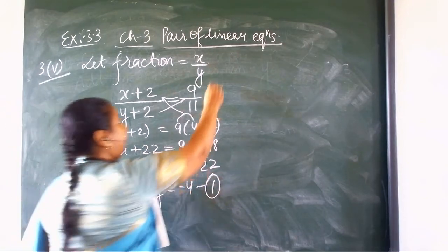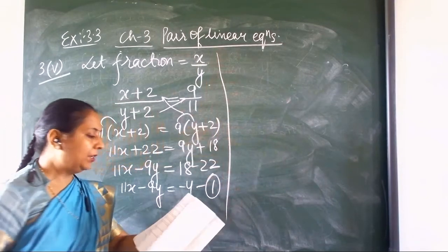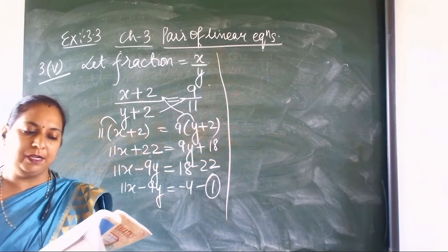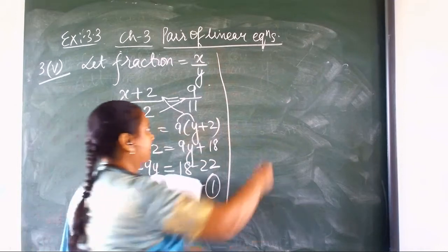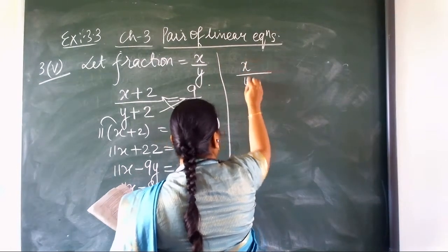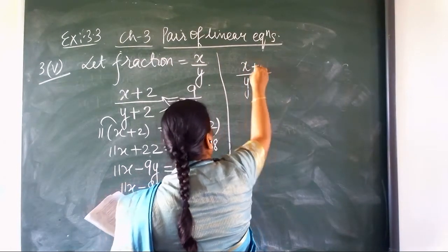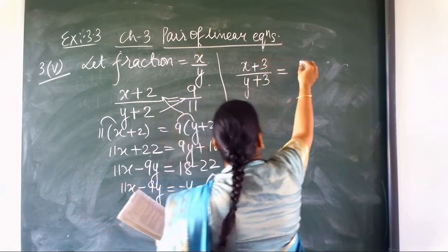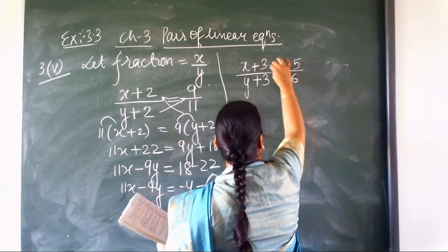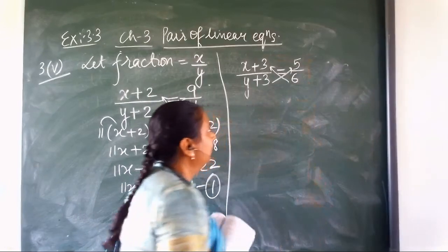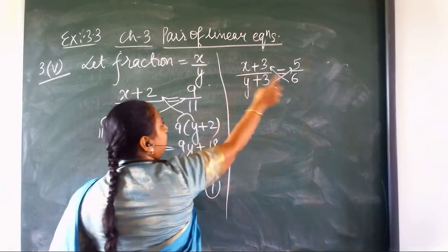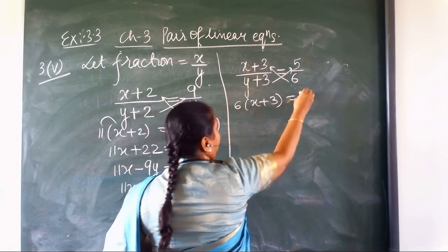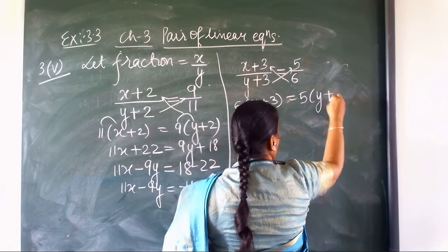Now, the second condition is given that if 3 is added to both the numerator and denominator, it becomes 5 upon 6. Now, the fraction is x upon y. 3 is added in the numerator and denominator, the fraction becomes 5 upon 6. Now again cross multiply and find the standard equation. 6 is multiplied by x plus 3 and 5 is multiplied by y plus 3.